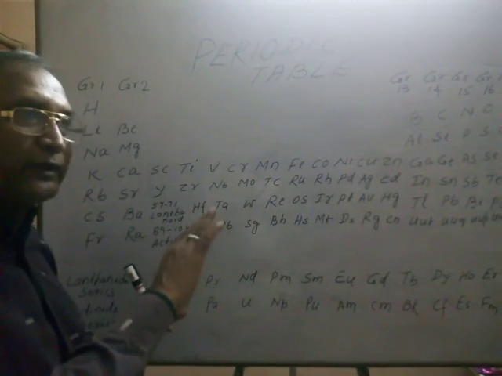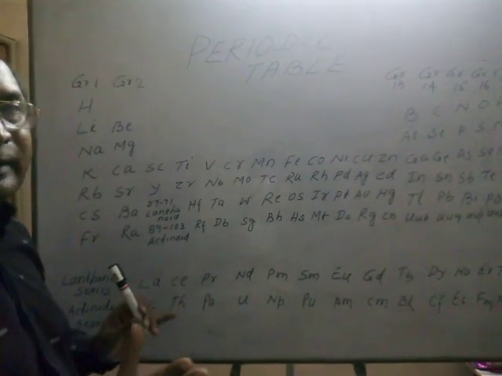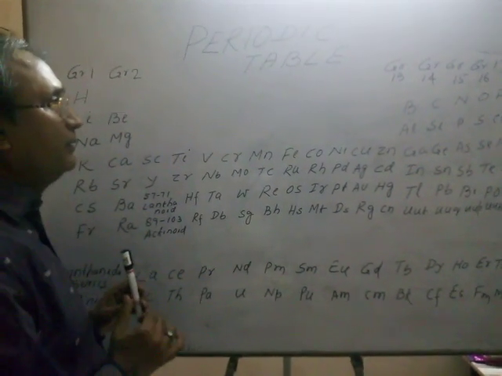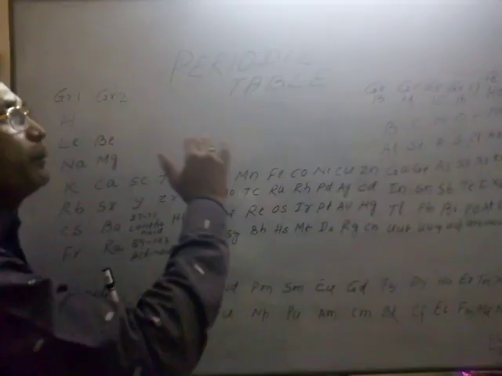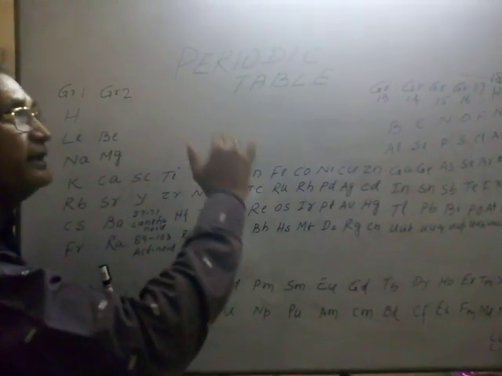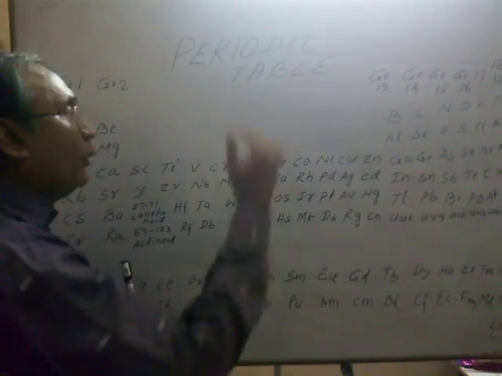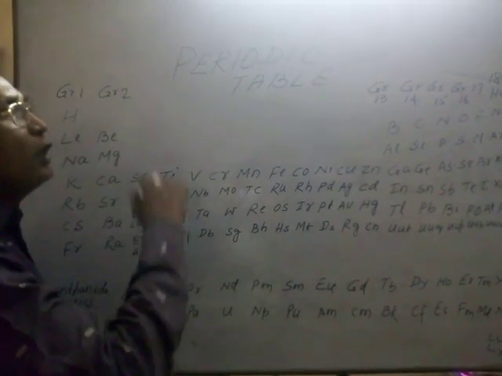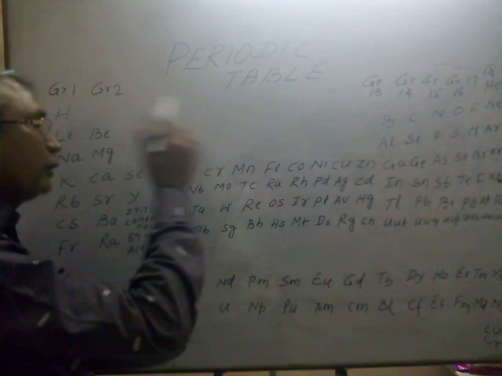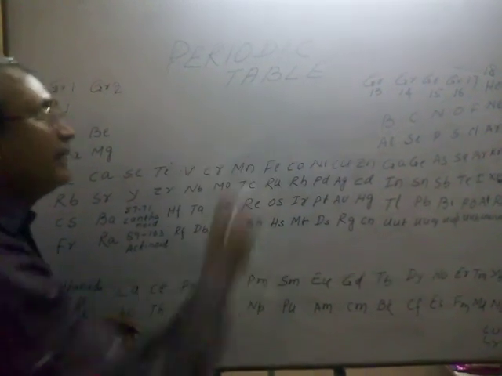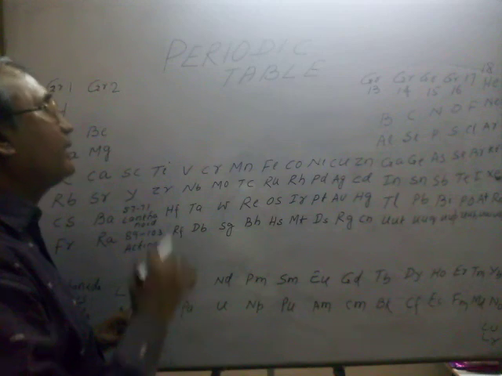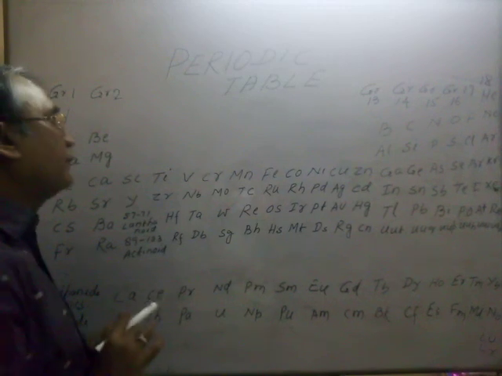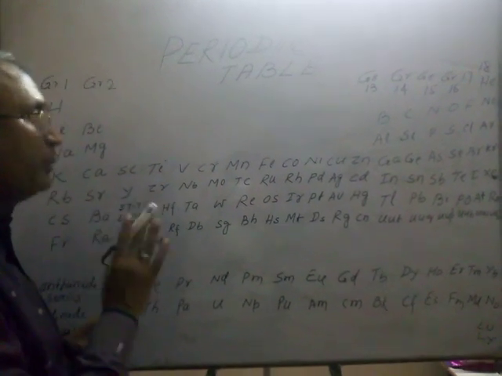What is the difference between the Mendeleev periodic table and the modern periodic table? In the Mendeleev periodic table, the basis was arrangement of elements as per their increasing atomic mass, whereas in the modern periodic table, it is the arrangement of the elements as per their increasing atomic number. Here we are considering atomic number, but in Mendeleev's periodic table, we consider the atomic mass.